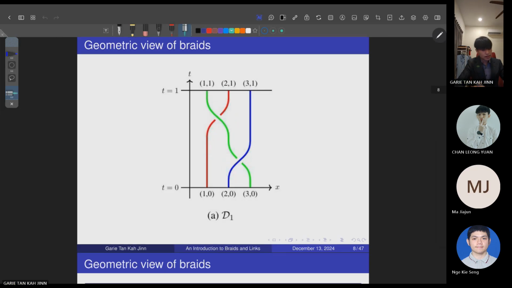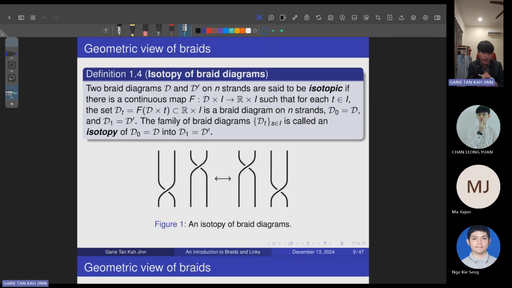Now we define the isotopy of braid diagrams. Given two braid diagrams D and D prime, they are isotopic if I have a continuous map such that I can map one to the other. Notice that we have a t here. For this t in I, which is [0,1], we need that for each t the map is continuous.